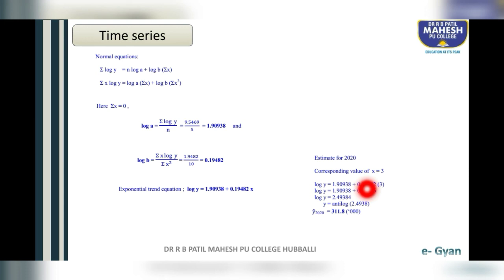So add this 6 to 3112. So therefore 3112 plus 6 is 3118. Here the characteristic is 2, so for this you have to add one: 2 plus 1 is 3. So this means after 3 digits we will put a point: 311.8. So therefore the profit of 2020 is 311.8.